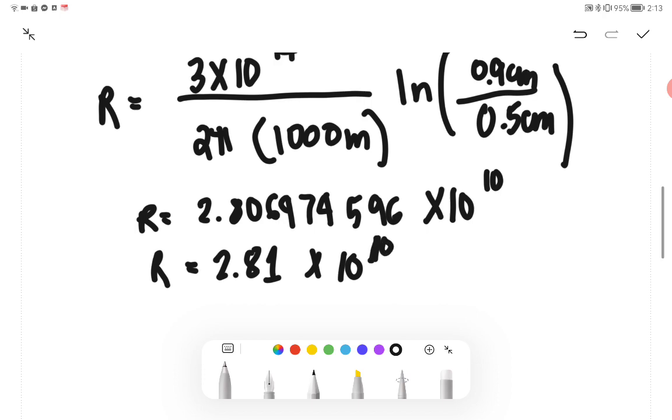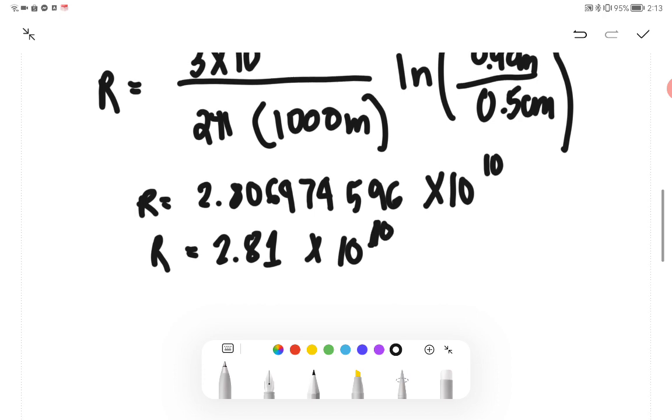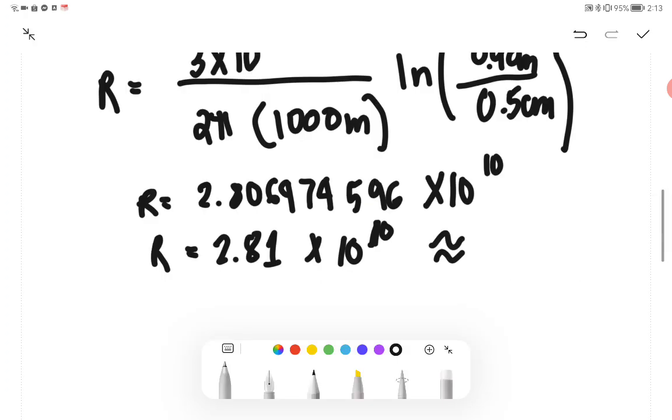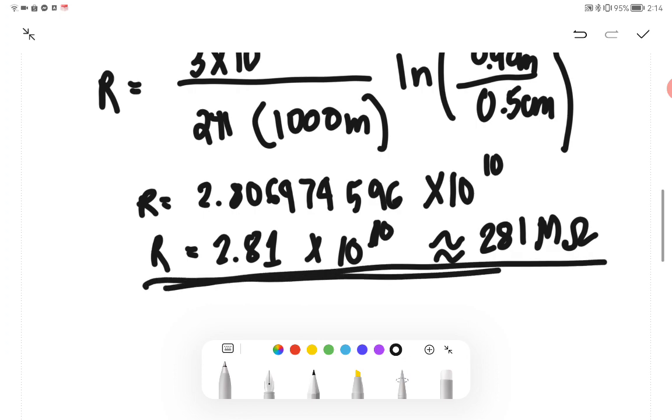That's the simplified form, or approximately 281 mega ohm. So that would be the final answer.